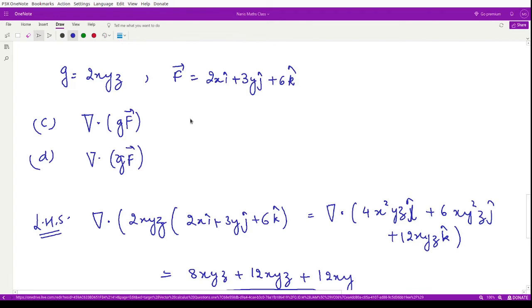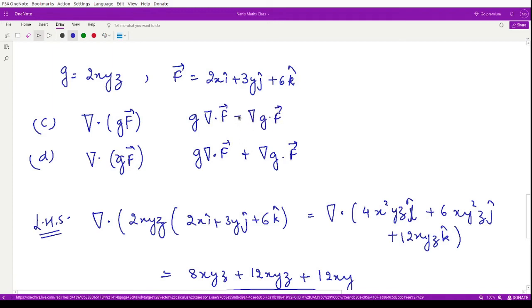Now looking at the right hand side, which is for option D, it is g del dot F plus del g dot F, and for the part C it is g del dot F minus del g dot F, right?